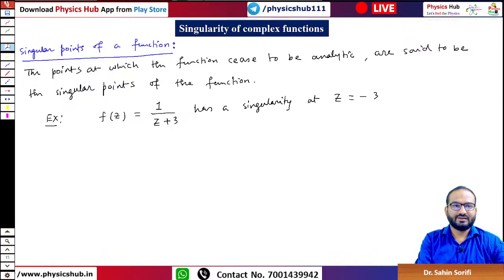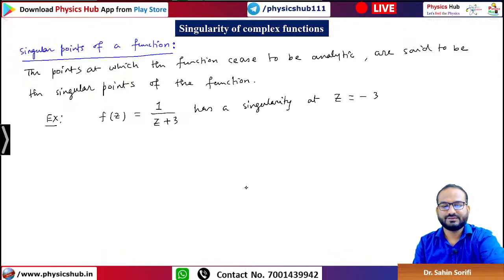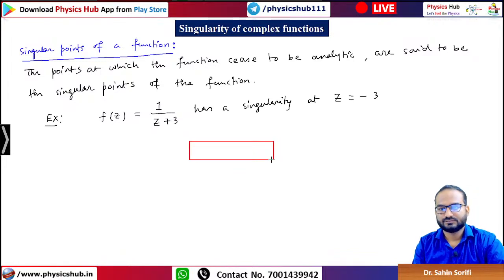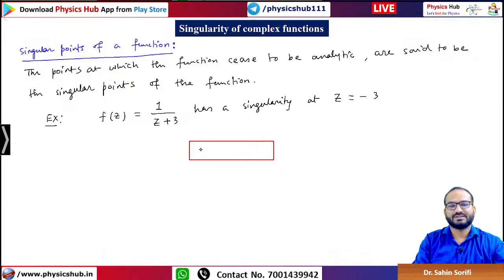Now, if I classify these singularities, how many different types exist?